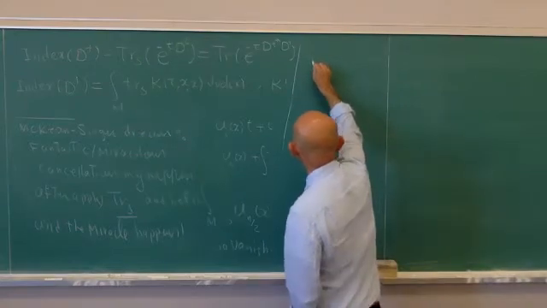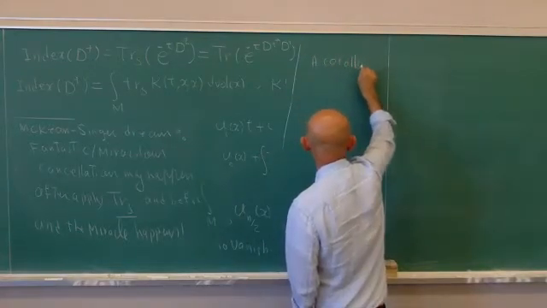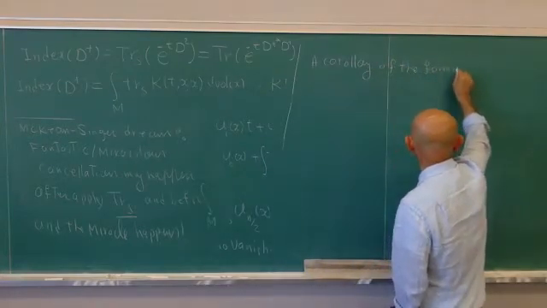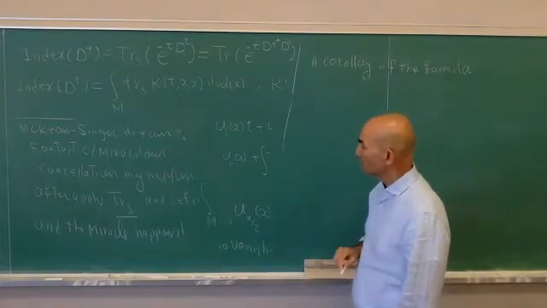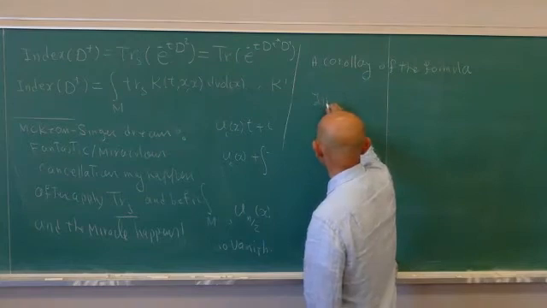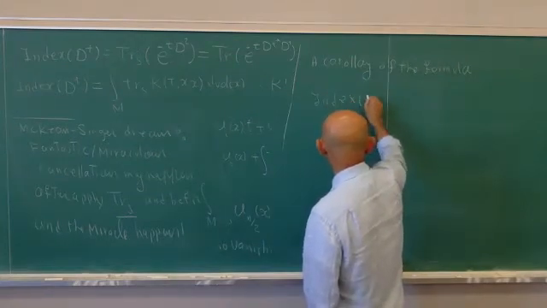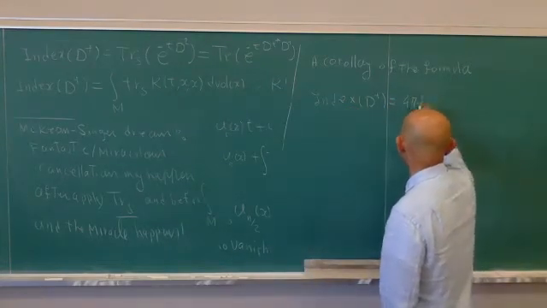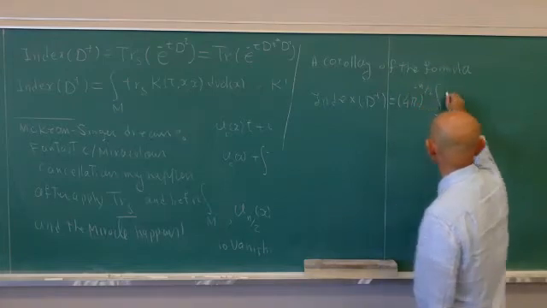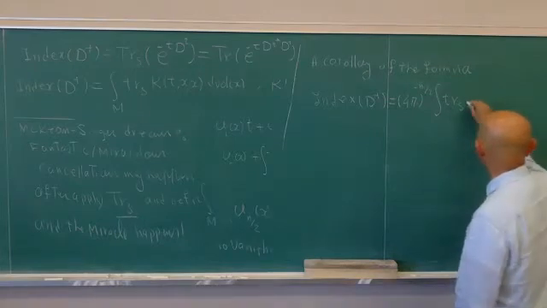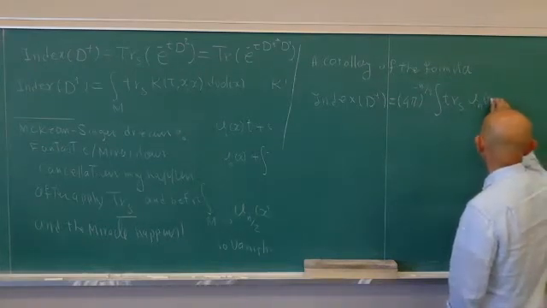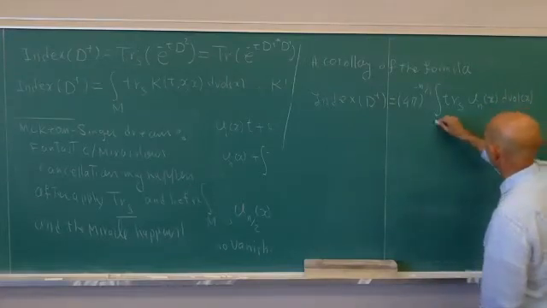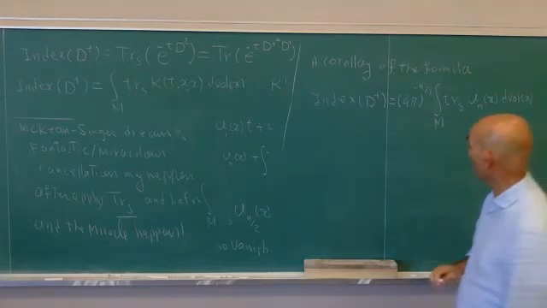A corollary of the formula that the index of D plus is equal to (4 pi) to the power minus n over 2 times the integral over M of the supertrace of mu n of x, the volume of x.